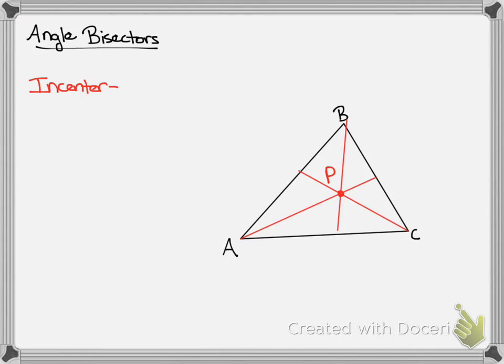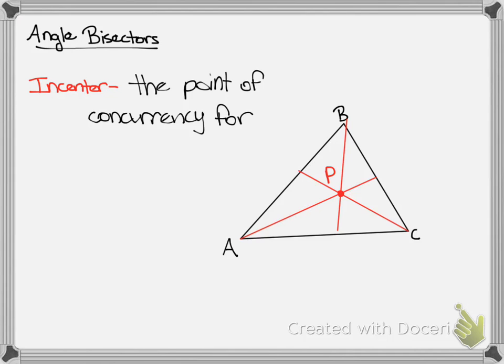So incenter is the point of concurrency for angle bisectors. So incenter pairs with angle bisectors.